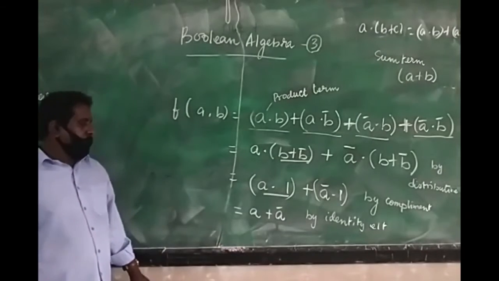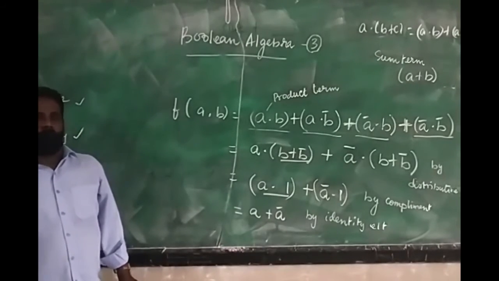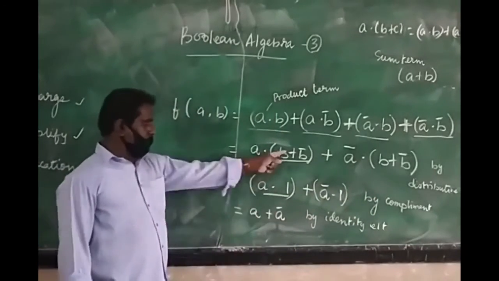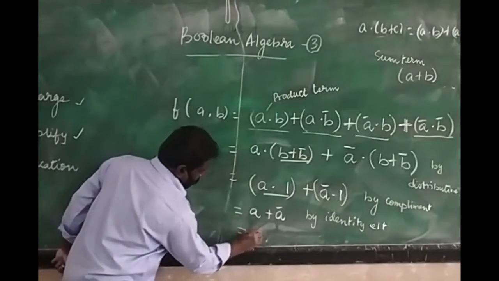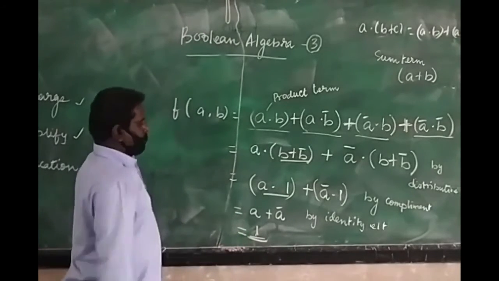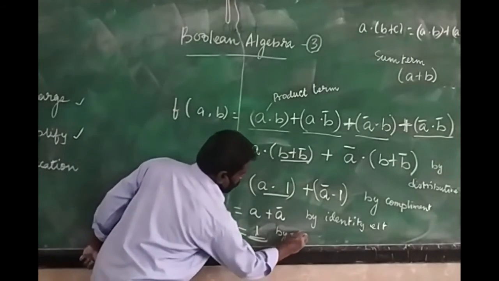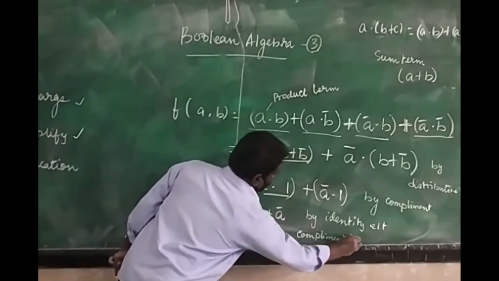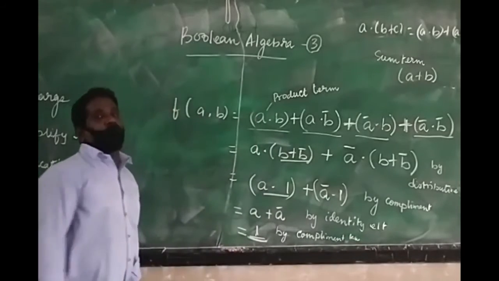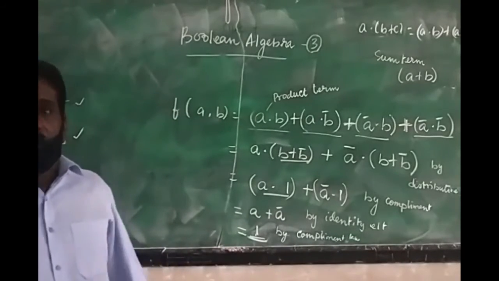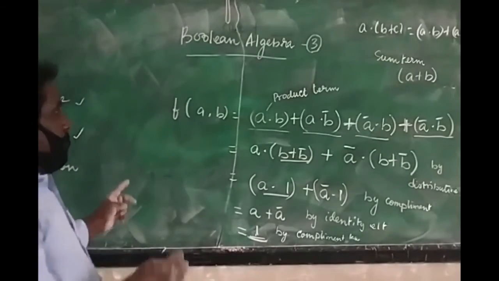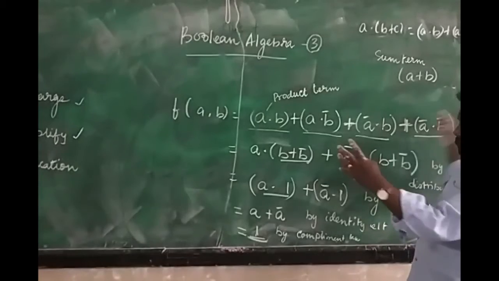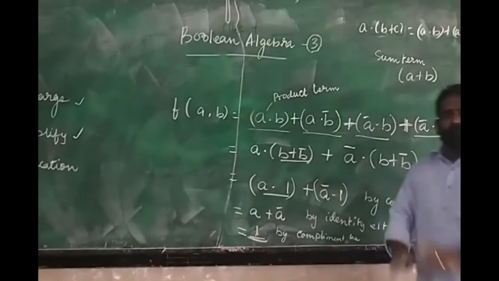Then is any other theorem suitable to apply? Yes, again the same complement law. A plus A bar will be reduced to 1. So by the complement law, we can simplify any Boolean function into a small one.